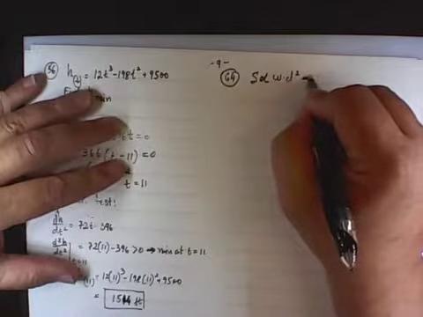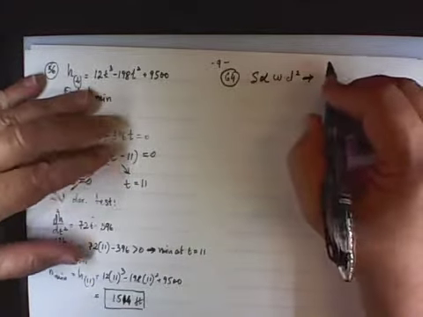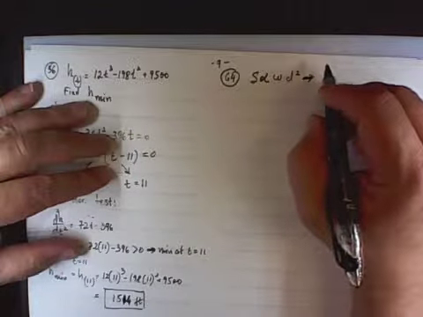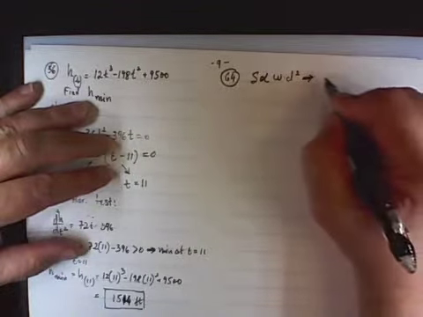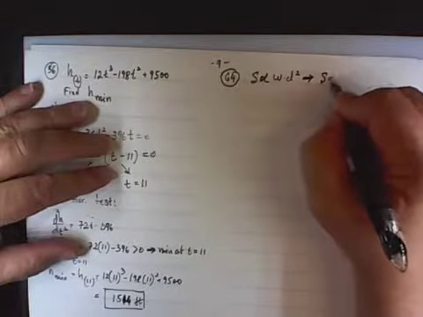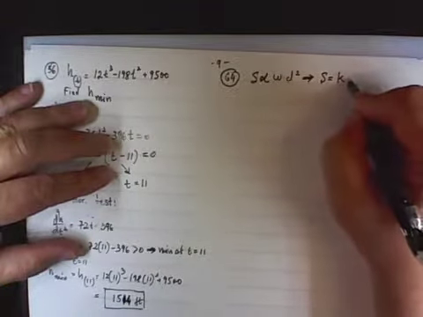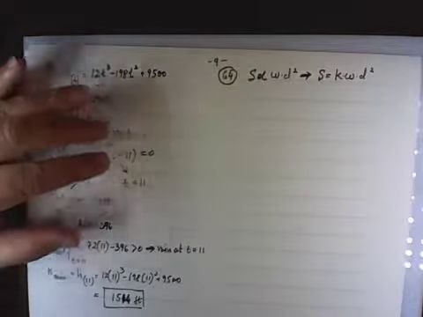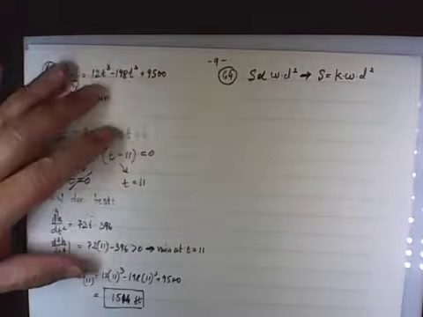What we're going to do, we're going to write S equals K times W times D squared, like so. K will be the proportionality constant.